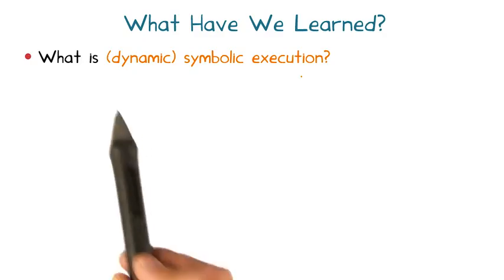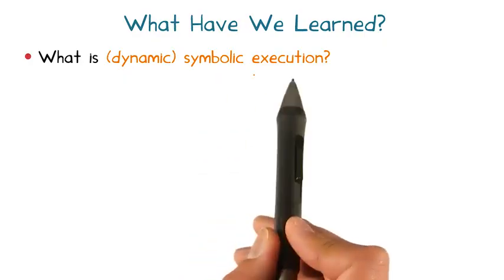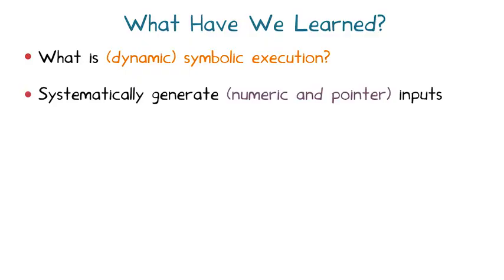Dynamic symbolic execution, or DSE, is a hybrid between symbolic execution and concrete execution that overcomes limitations of using either of those approaches alone. DSE systematically generates numeric and pointer inputs in order to explore a program's computation tree with as much coverage as possible while eliminating redundant executions.